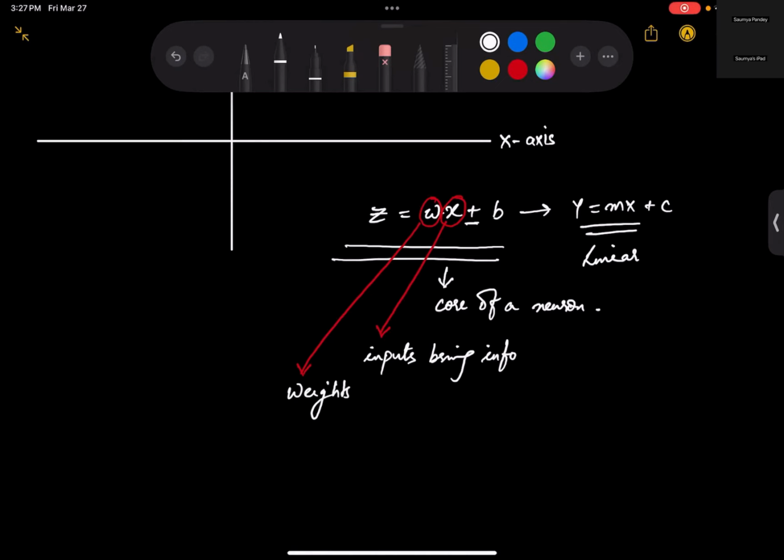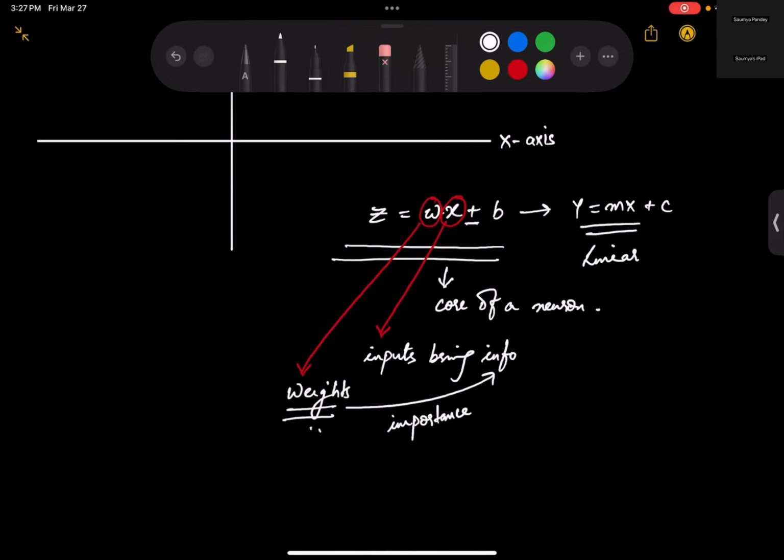They decide how important each part of the information is, right? Importance. So basically, inputs carry the data and weights interpret the data.